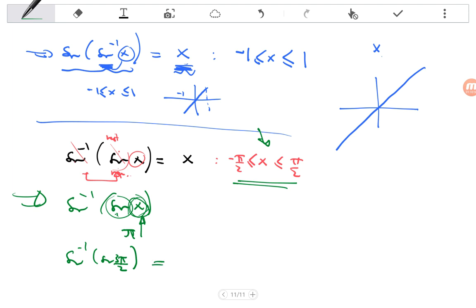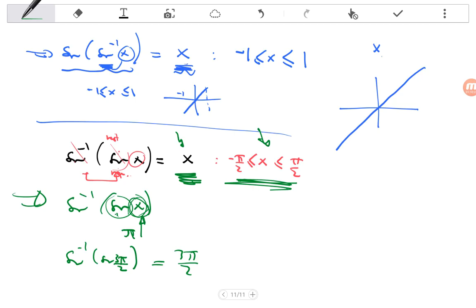Would it be 3 pi over 2, and these two cancel each other? No. Because the result will be x only for the restricted domain. If you get outside the restricted domain, the result will be different from x.